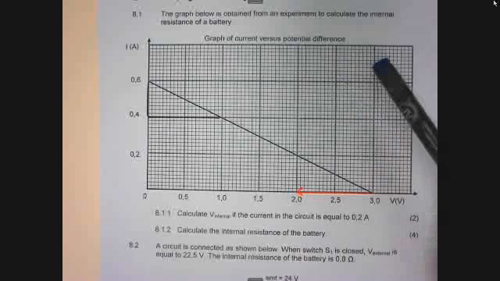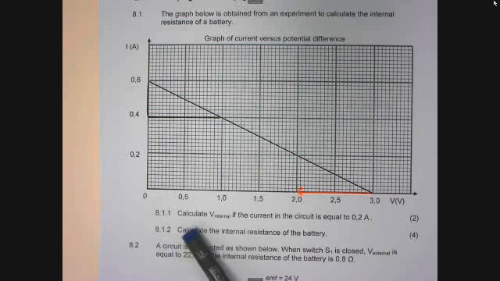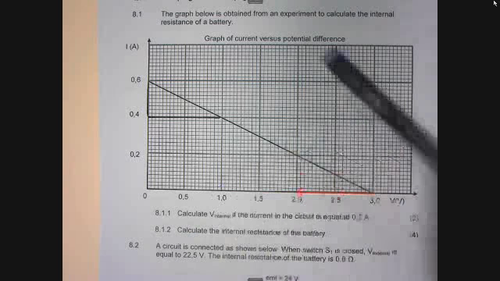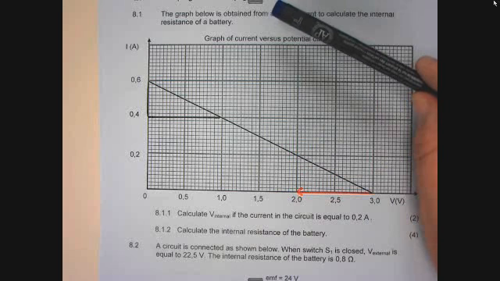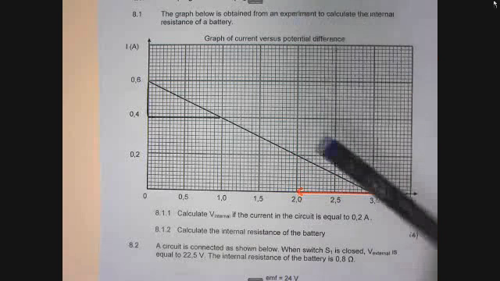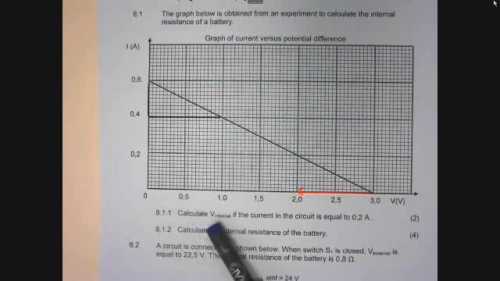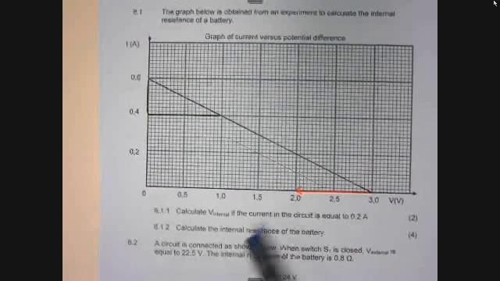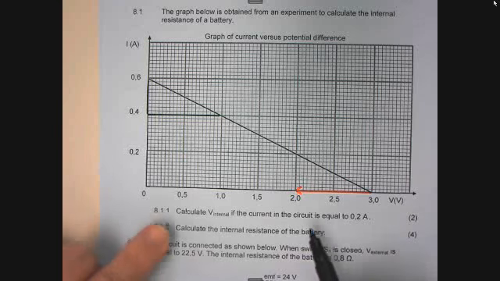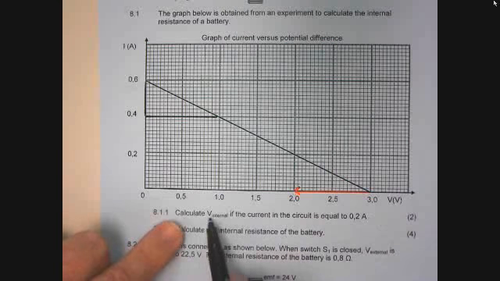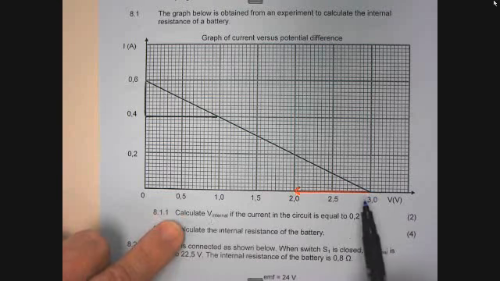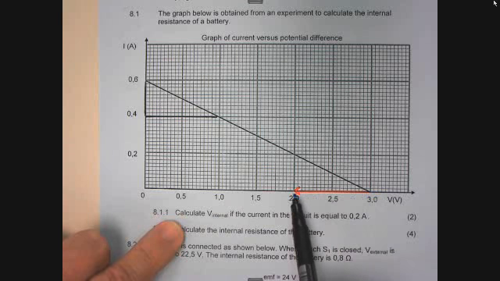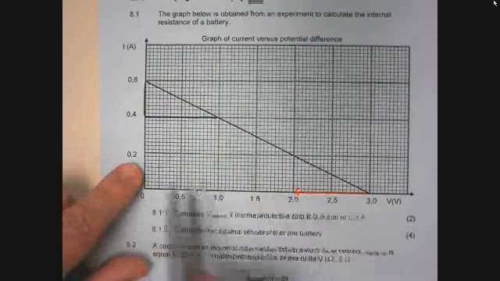The graph is given for this experiment, the graph of current versus potential difference. The first question is: calculate V internal if the current in the circuit is equal to 0,2. Right, V internal, what is the lost volts by the time the current reaches a value of 0,2?